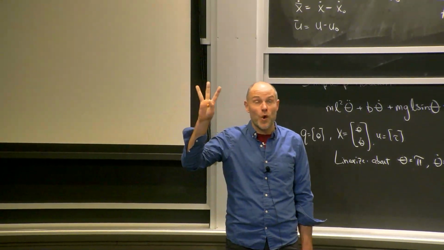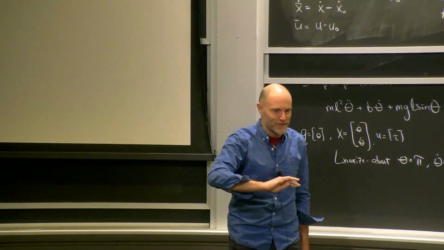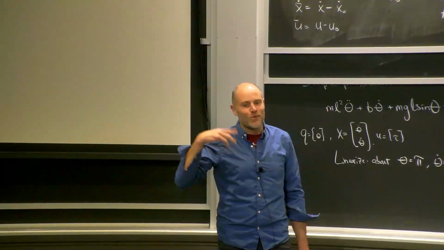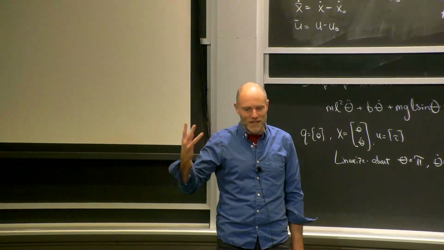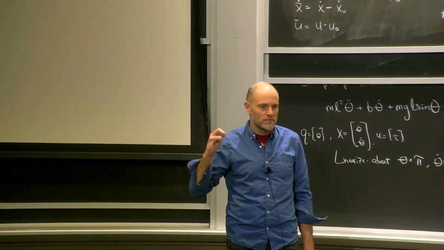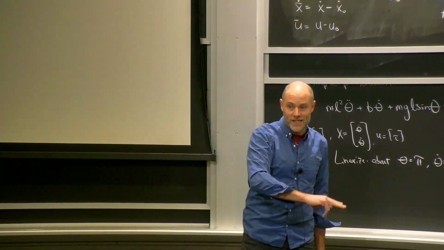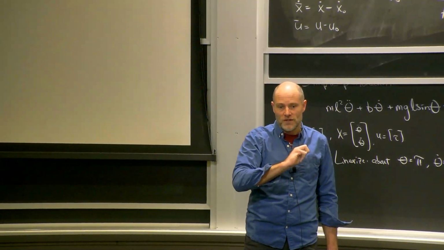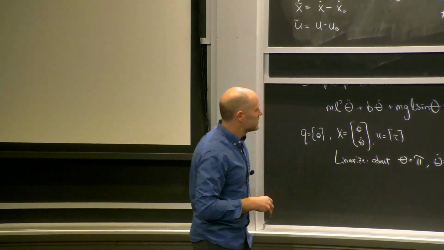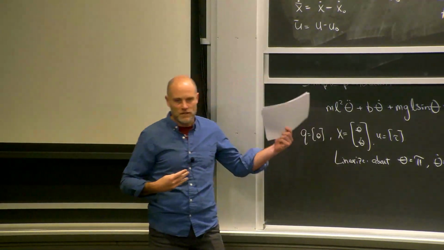So it parameterizes only stabilizing controllers, but it doesn't parameterize all stabilizing controllers. There's one more parameterization that's written up in the notes. I don't know if we'll get to it in lectures or not, called the Youla parameterization, that parameterizes in a convex way all stabilizing controllers. So that's even better, yeah? But LQR is pretty darn good, and it's super easy to compute and everything, yeah?